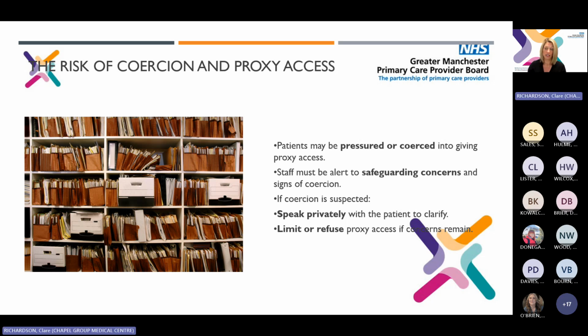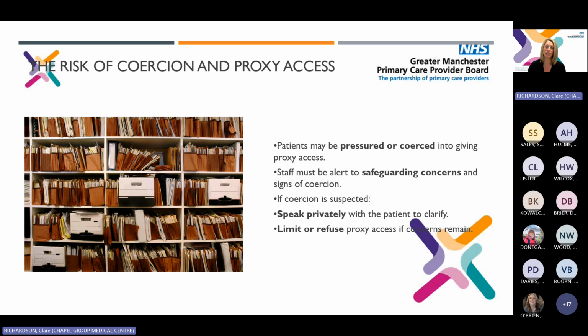Just going back to the coercion, to give you an example, I had a member of my staff go out into the waiting room, sit with the patient and the proxy, go through everything, and then come to me at the end and say she wasn't happy about this. She thought the patient was being coerced. I looked into the records, and there was an alert because the patient had been on a lot of controlled drugs.